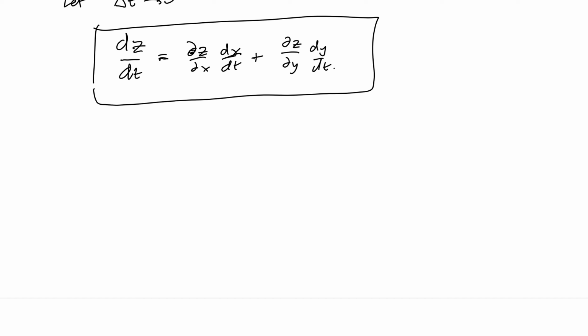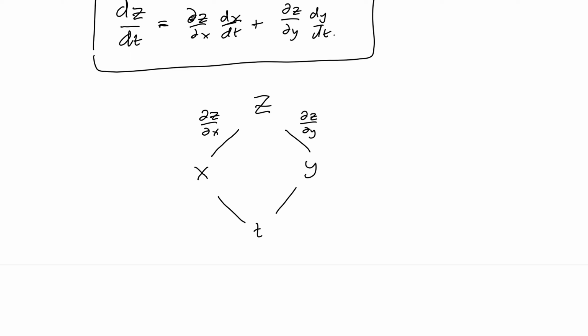And the way to remember this was we drew a diagram. So we said z is a function of x and y, and then these are each a function of t. And then we label our diagram. Since z is a function of x and y, there's two variables on the line below it, so we put partial derivatives here. And then since x and y are a function of only one variable, there's only one variable on the line below.